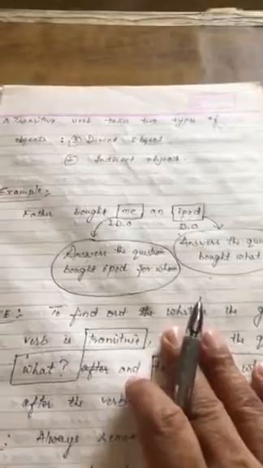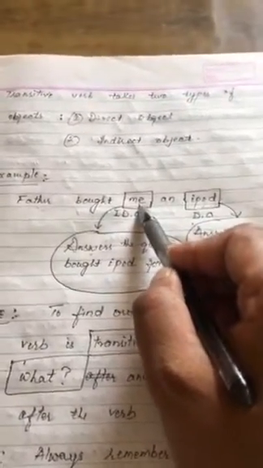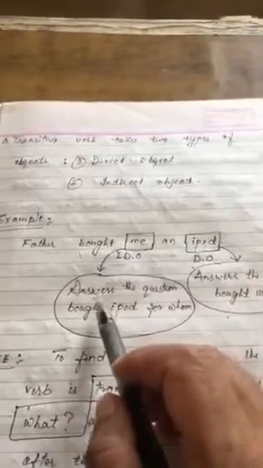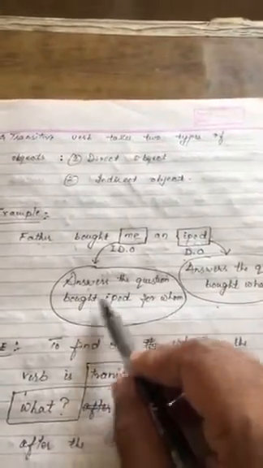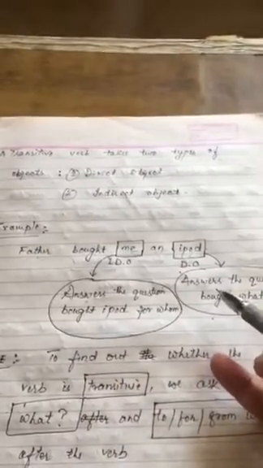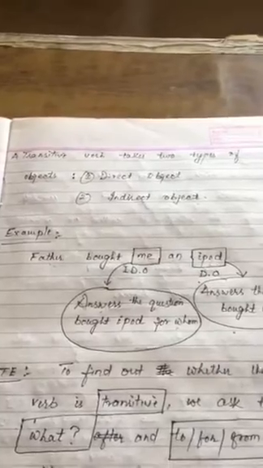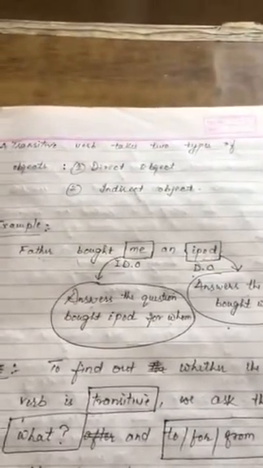Now come to the next object, that is me. So here me is your indirect object. Why is it an indirect object? Because it answers the question, bought iPod for whom? So always remember that the indirect object is the object when we get the answer of whom, or for whom, or to whom.